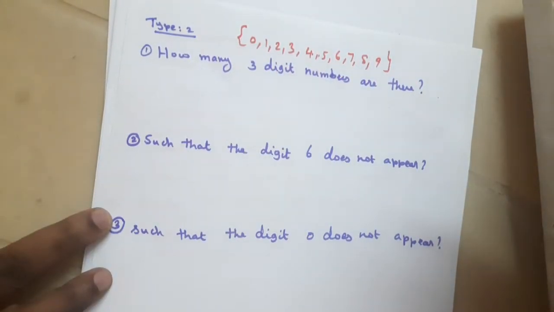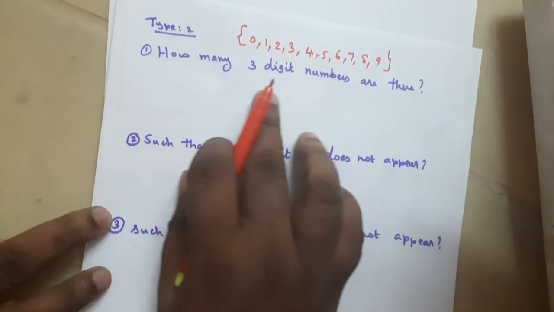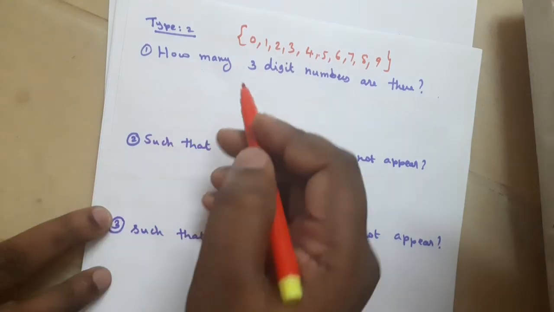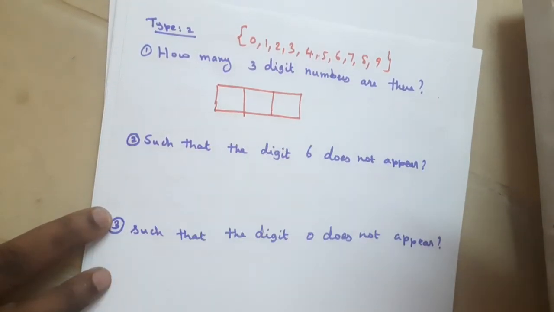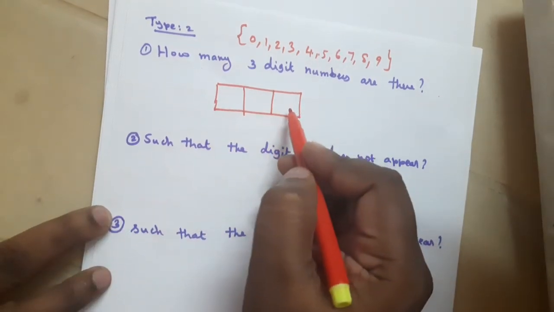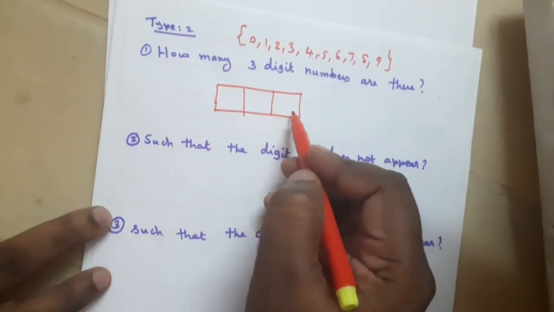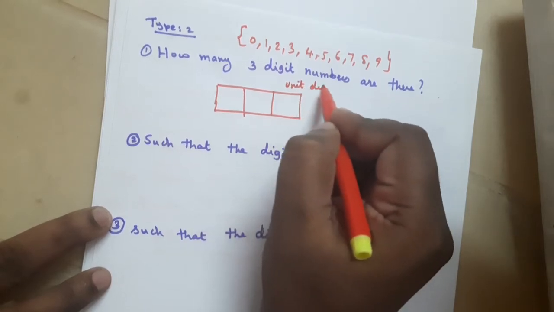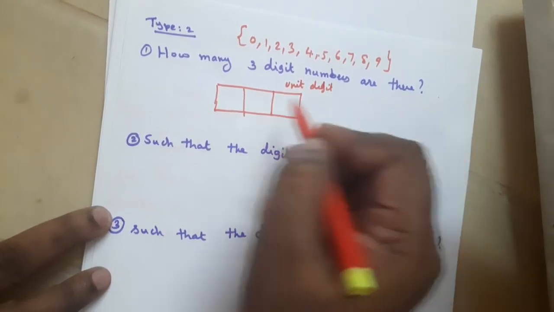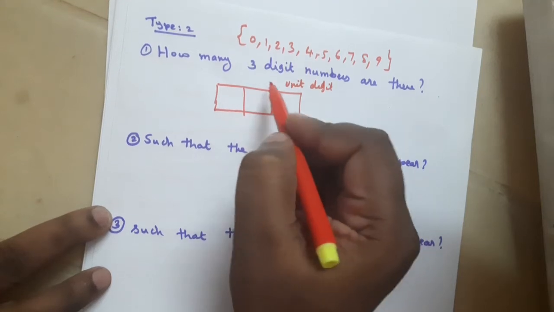So there are 10 digits. Now, how many 3-digit numbers? I draw 3 boxes. The rightmost box denotes the unit digit. The center box denotes the tens digit.